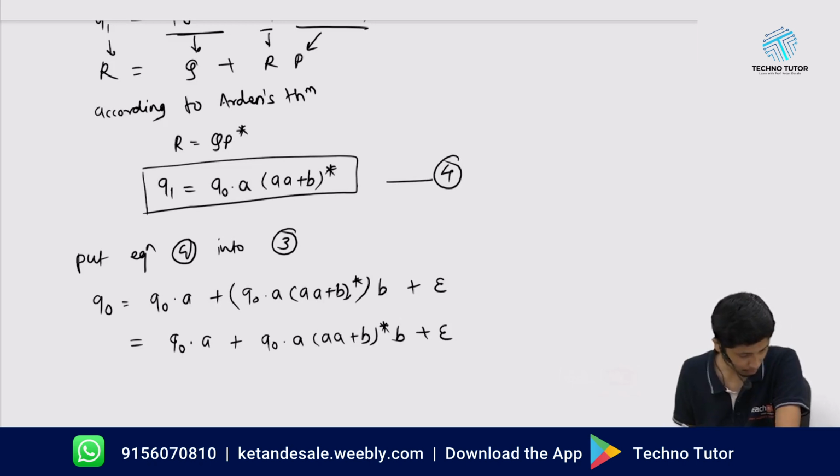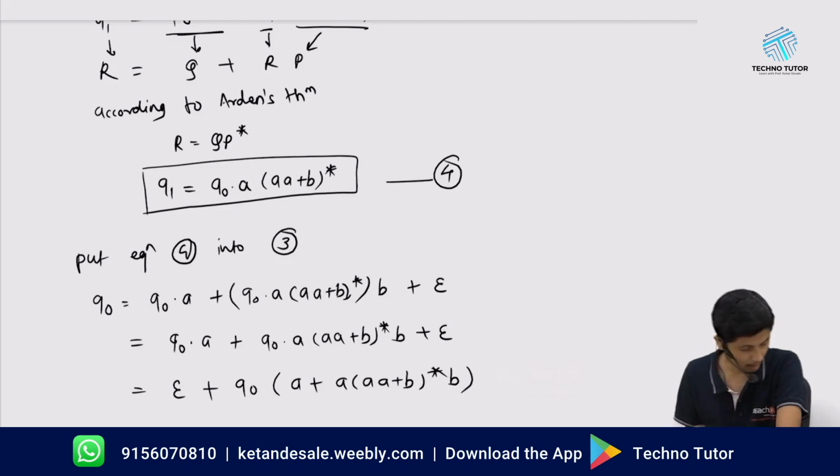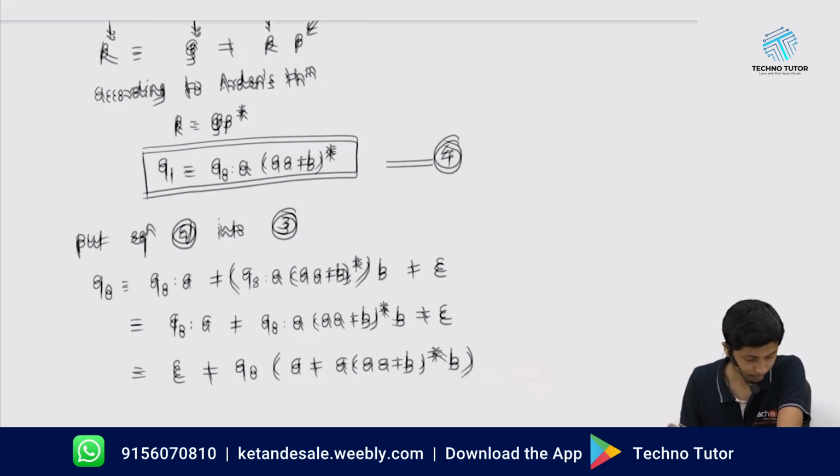I can take Q0 common and this epsilon I will write first. So if I write like this, then A plus B raised to star dot B. Okay, so this is how your expression can be.